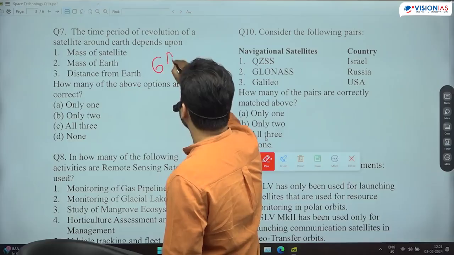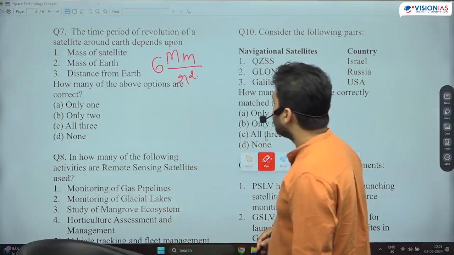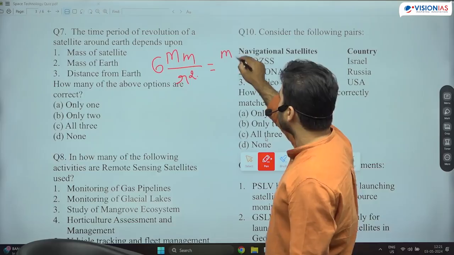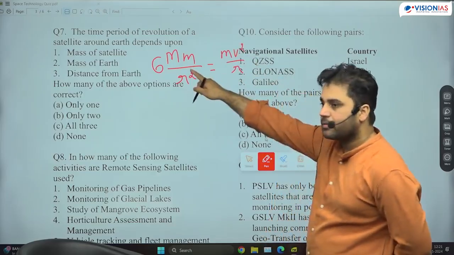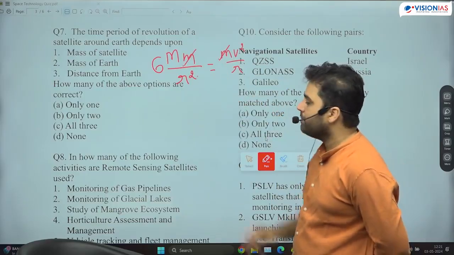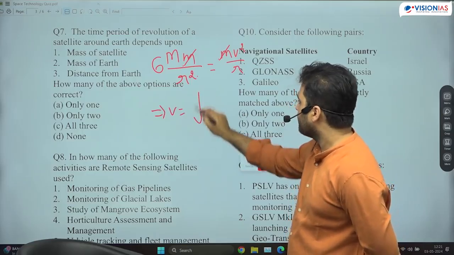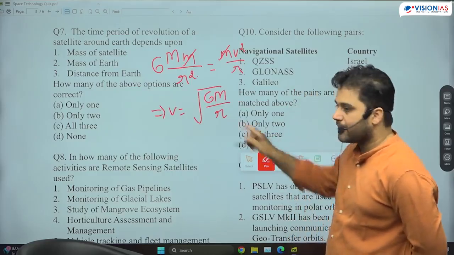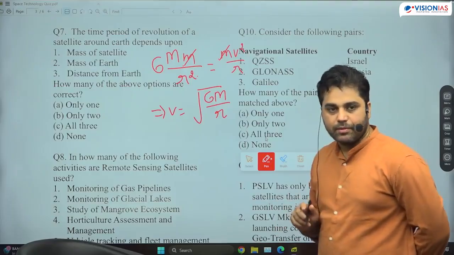The gravitational pull is GMm by r square, and this is the centripetal force, so this should be mv square by r. But on both sides I have small m. I remove small m, and immediately I know that my velocity will be root of GM by r. R is the distance from Earth, capital M is mass of Earth. So mass of Earth will decide.